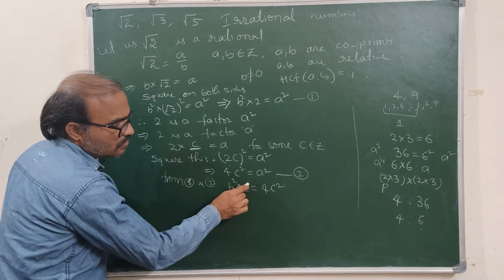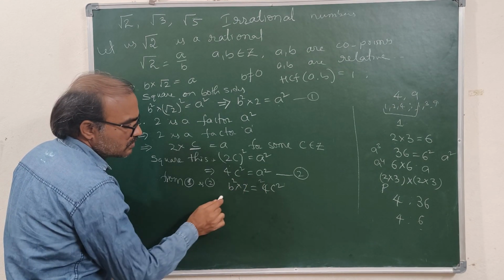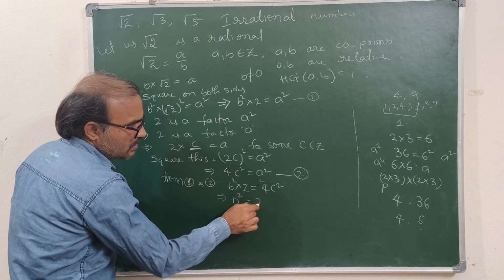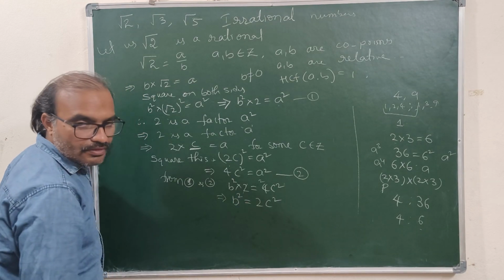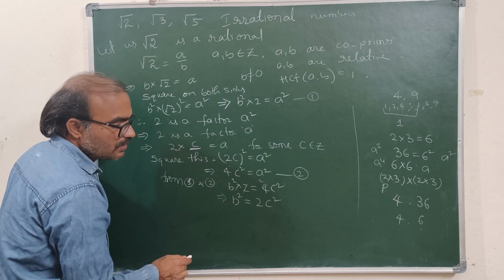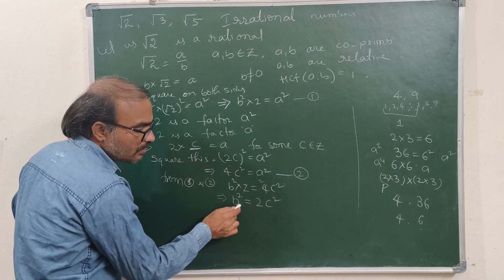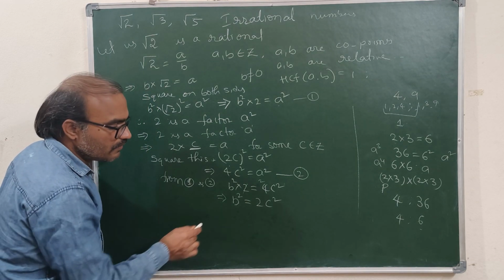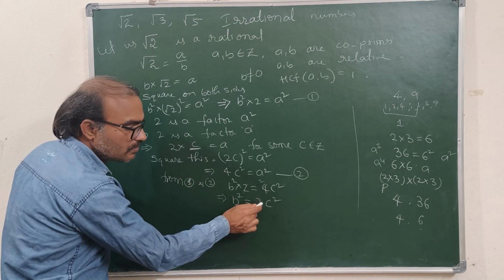So 2 ones, 2 twos, implies b square is equal to 2c square. Now again, how did we get b square is equal to 2 into c square?